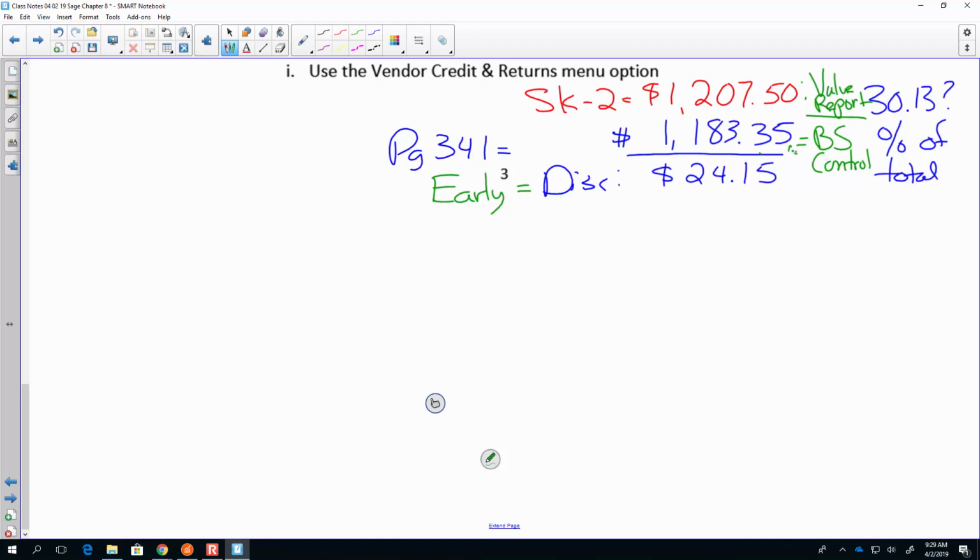So my point is you can have the difference and know why it's causing it and explain that to a banker. Or I can change the account from 12,000 to maybe a purchases discount on your income statement. Then they would match.